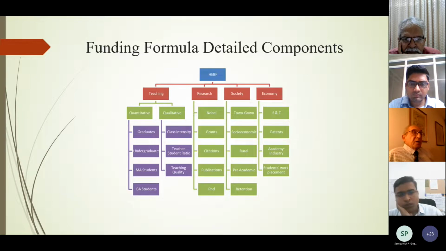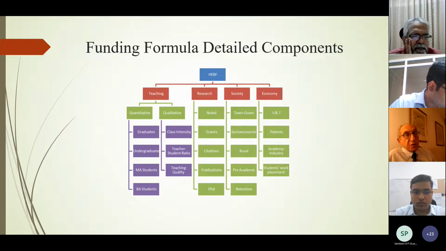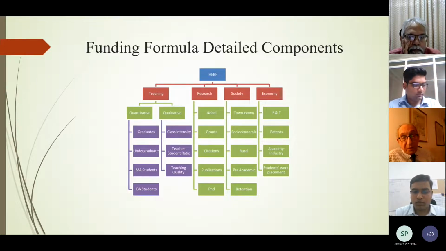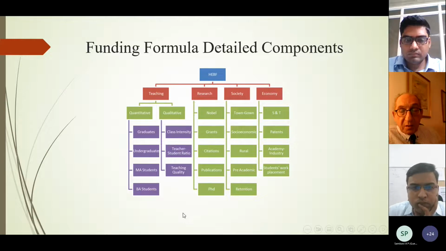So we can see that the allocations of public higher education funding are divided into three, or let's say four components. One is for teaching, one is for basic research, and one is earmarked allocations for society and economy. The earmarked allocations are less inclined to input-output formula, and it's a mix of input and output. Next slide, please.